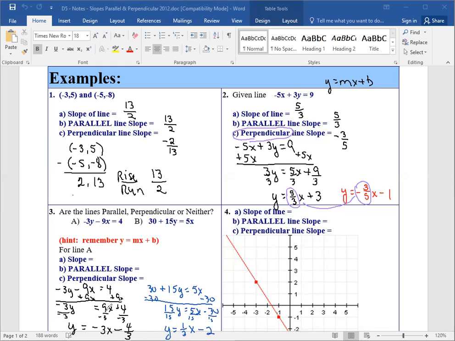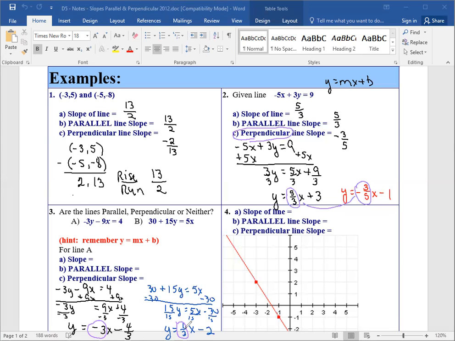Okay, so what I want to do is compare these slopes, just like I did on the second part of number 2. This one is -3, and this one is positive 1/3. Okay, so if I look at these two lines, they are not the same number, so they're not parallel.